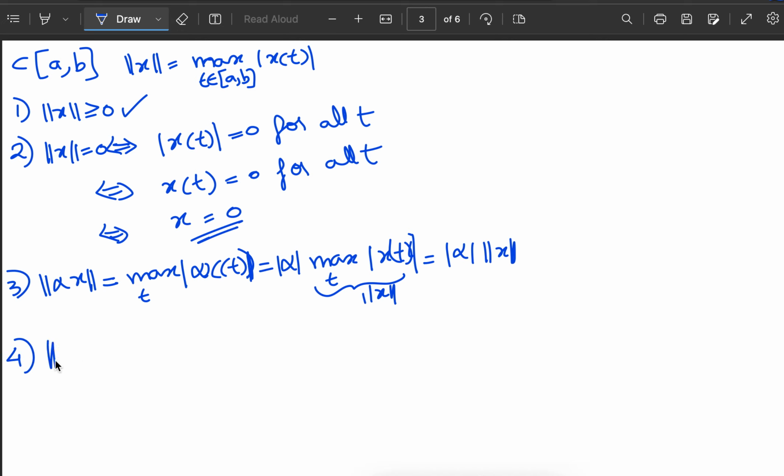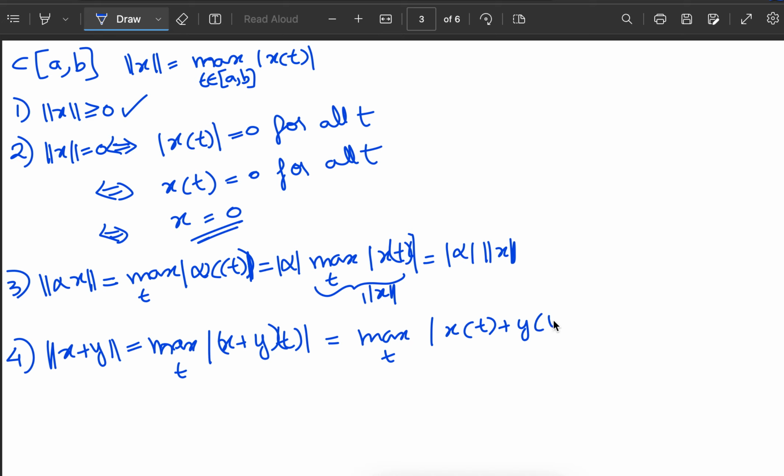Let's check the fourth property, norm of x plus y. By using the definition of norm, it is equal to maximum over t of mod x plus y of t, which is equal to maximum over t of mod x of t plus y of t, which is less than or equal to maximum over t of mod x of t plus maximum over t of mod y of t, by using the triangular inequality of real numbers.